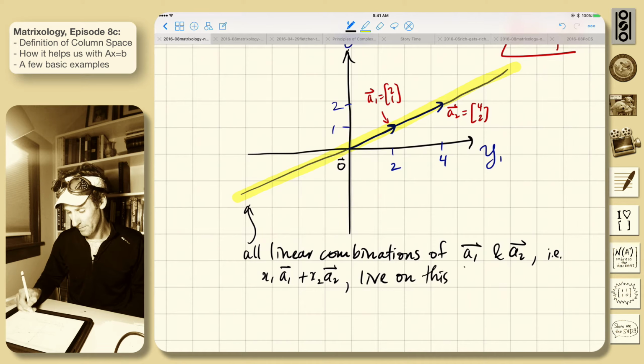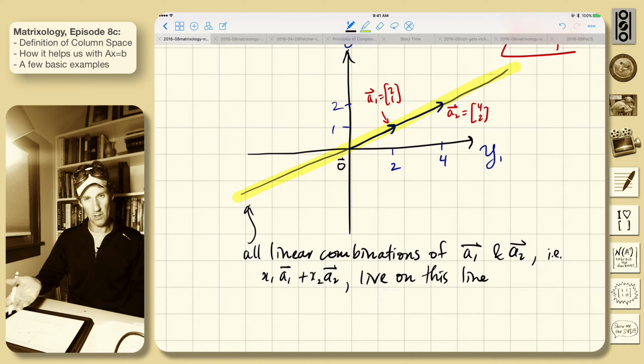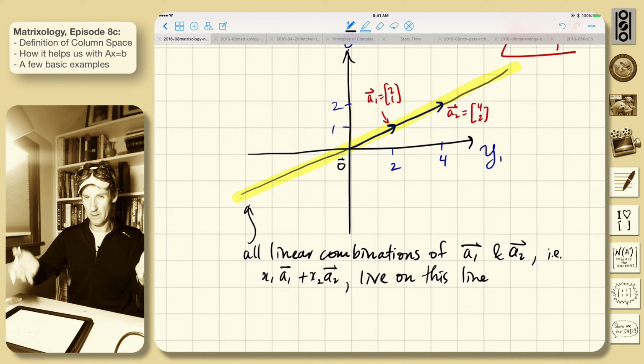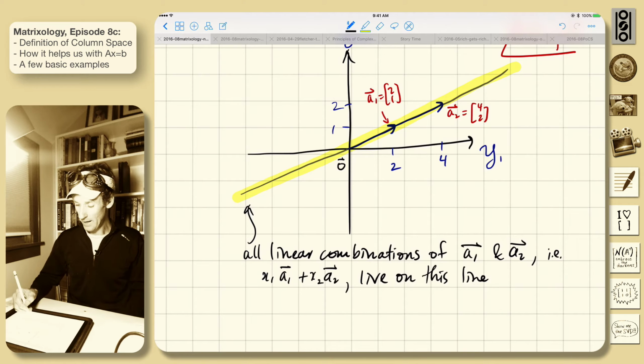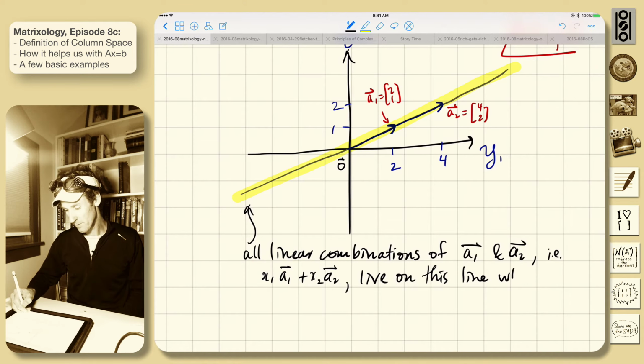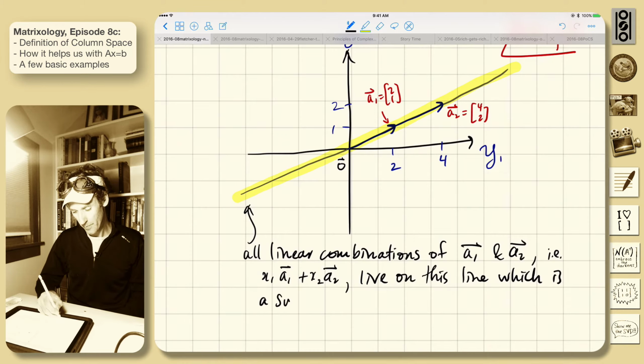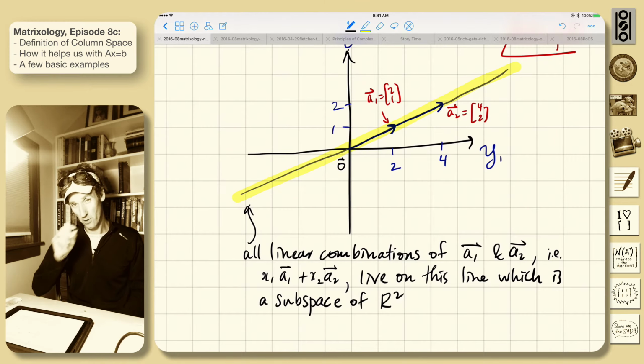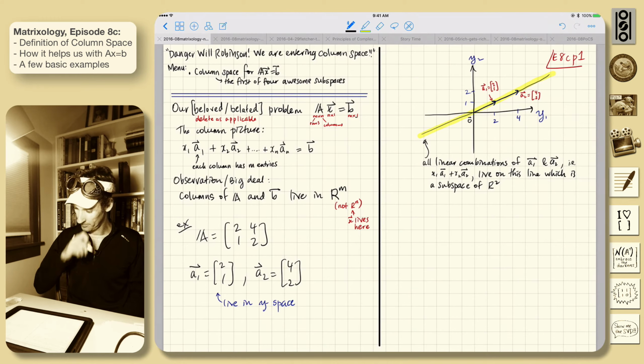There's no way you can get off it, right? You can't multiply them some way and add them so that they get off this line. And this line, which is a subspace of R2. It's 1D. Right? It's a one-dimensional subspace of R2. It's really awesome. Okay, that's a big deal.